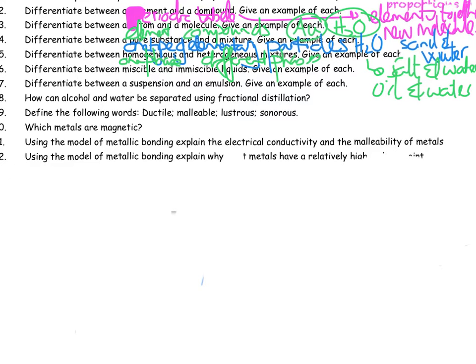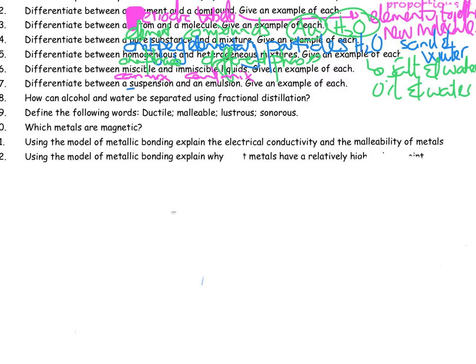Differentiate between miscible and immiscible liquids. Miscibles can mix. Immiscibles can't mix. An example of miscible liquids would, let's say, be alcohol and water, whilst immiscible liquids would be oil and water. Differentiate between a suspension and an emulsion.